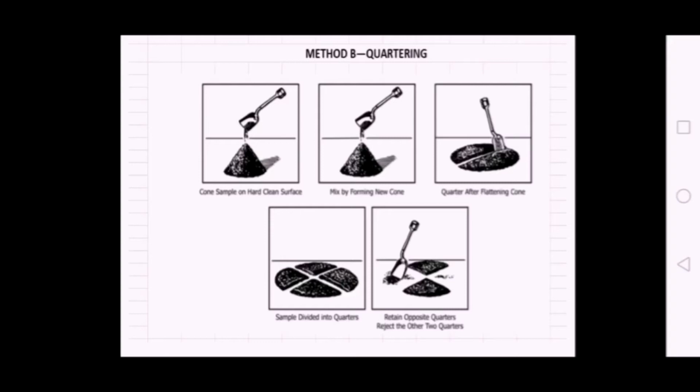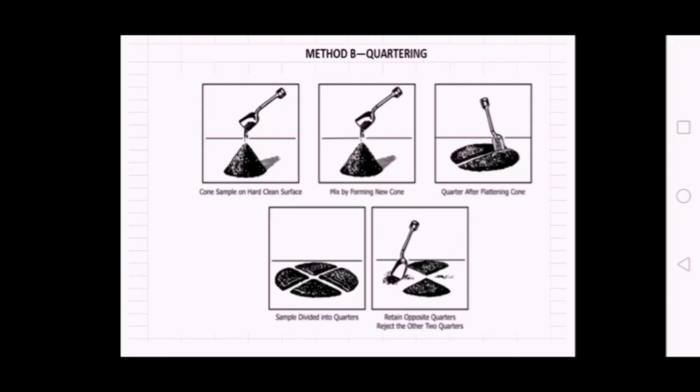The diameter should be approximately 4 to 8 times the thickness. Divide the flattened mass into 4 equal quarters with a shovel or trowel and remove 2 diagonally opposite quarters, including all fine material, and brush the clear spaces clean. Successively mix and quarter the remaining material until the sample is reduced to the desired size.